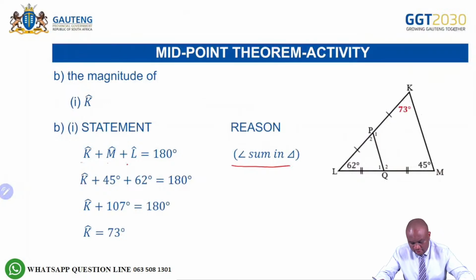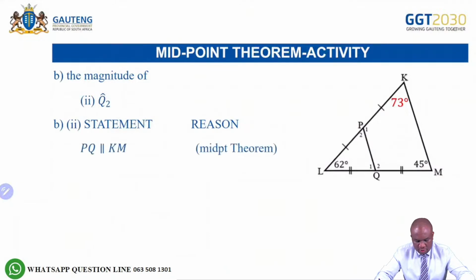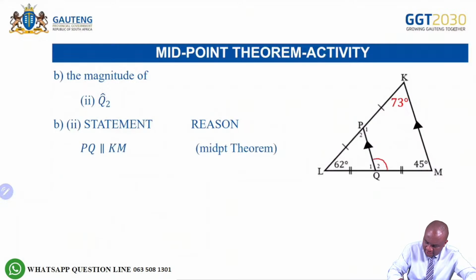Right, and then this part where we're finding Q2, that's when we have to remember that these two are parallel because P and Q are midpoints, so PQ and KM are parallel. Now, what will be the size of Q2? We have this angle and this angle.